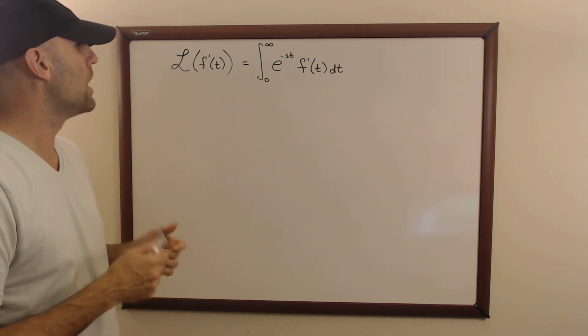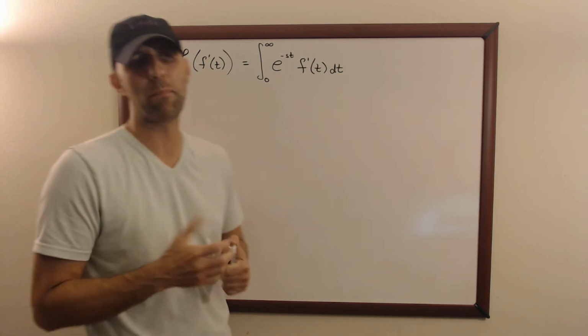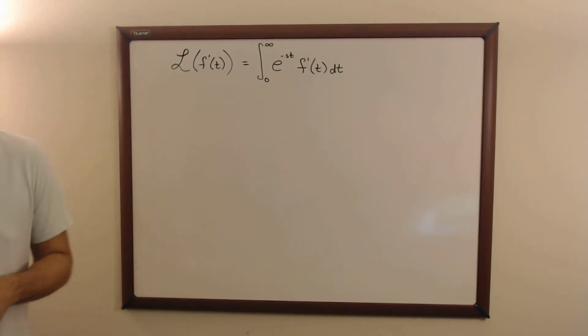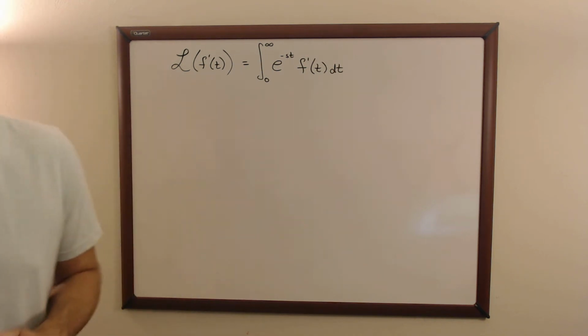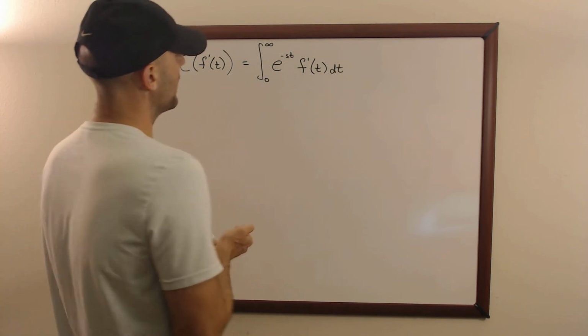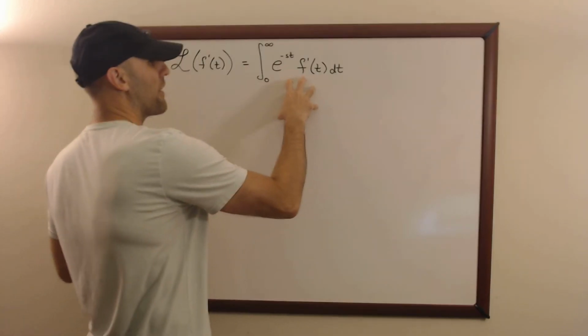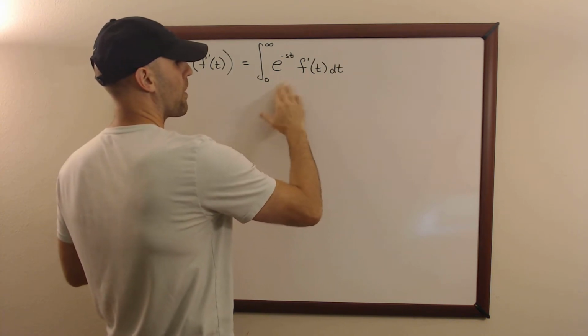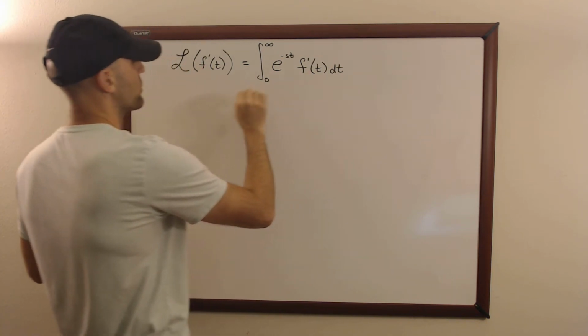So what I'm going to do is some integration by parts. I'll write the parts out here. This seems very, very close to the original definition for just the Laplace transform of f.